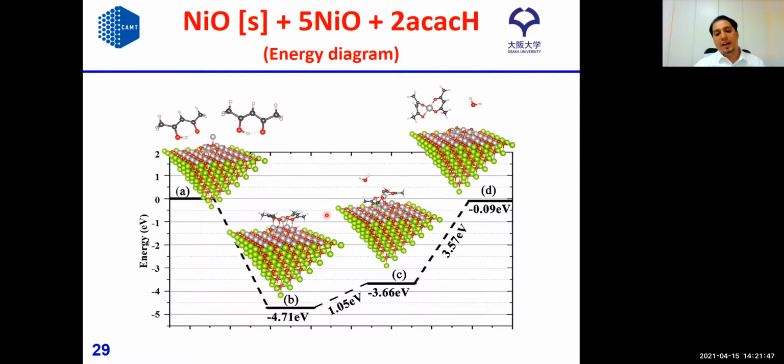And if we heat the surface and gain some energy, the H2O will be dissolved first to reach this reaction energy minus 3.66 eV. Then if the surface gains more energy, as we found here, around 3.57 eV, this nickel complex will be removed, and like this we have removed nickel oxide from the surface.